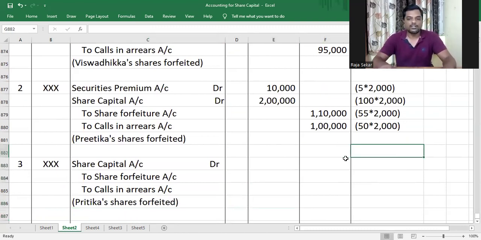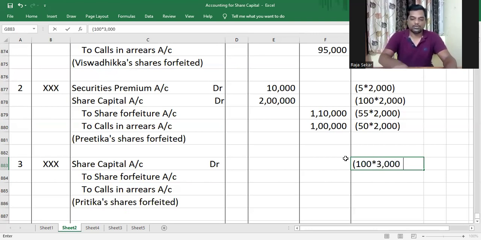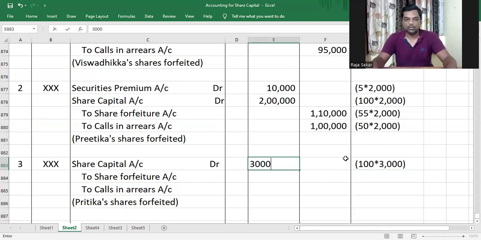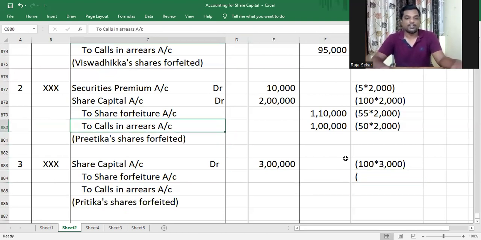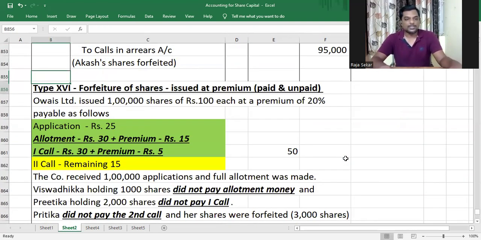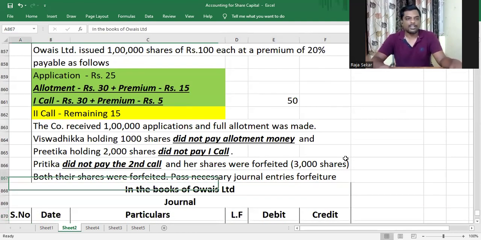Pritika's shares forfeited. Now, what is that, my dear children? Totally 3,000 shares were forfeited, right? And 100 rupees has been called up on all the shares. So 3,000 into 100, 3 lakh will be debited to share capital account. Share forfeiture account will be credited with what amount, my dear children? The amount paid up by her, capital portion paid up by her. Pritika has paid application money, allotment money, and first call.